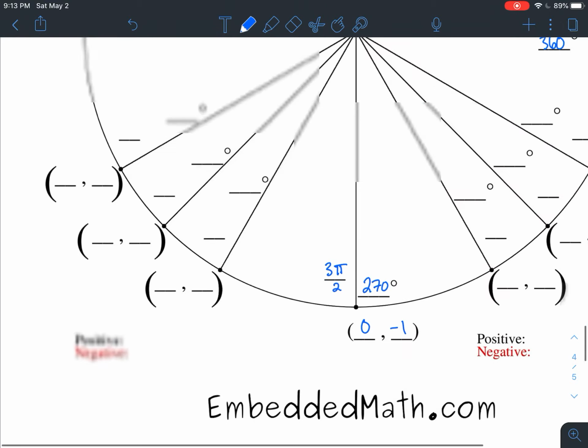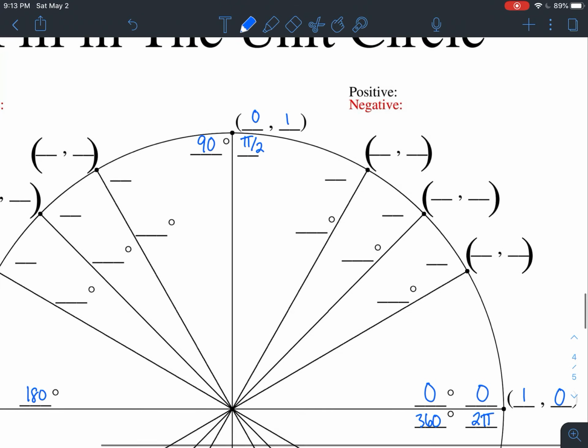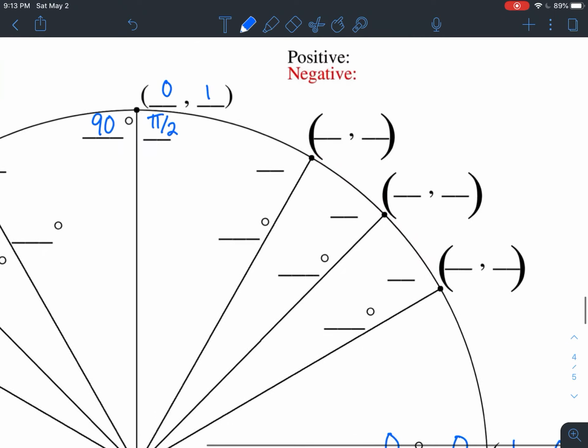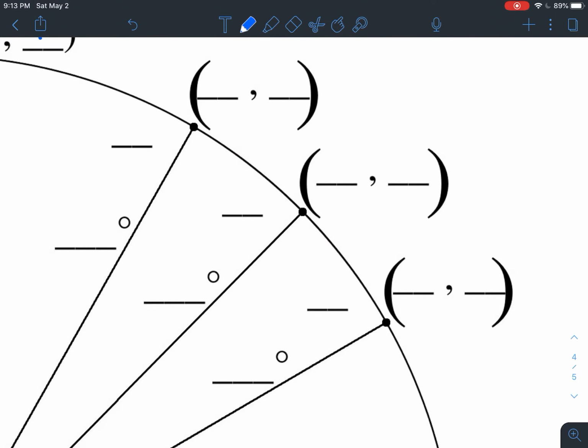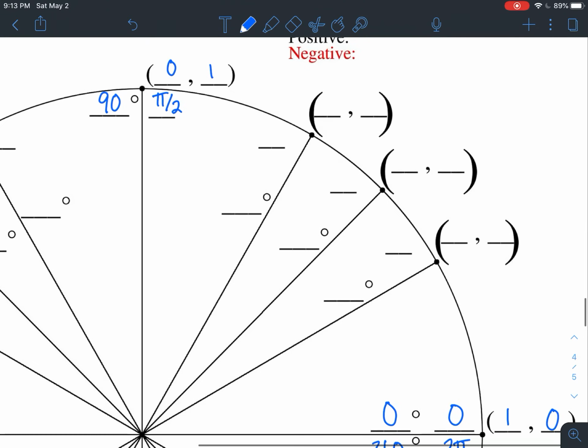So what you're going to have to do now for the rest of these, and again, I'll go through and do a couple with you. We'll definitely have the first quadrant filled out. Those were the easy ones. Those are the ones we did in the first video. So for these ones, this is our 30-degree angle, 45-degree angle, and 60-degree angle.